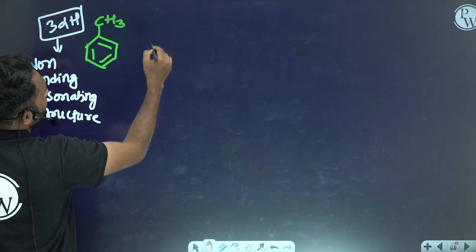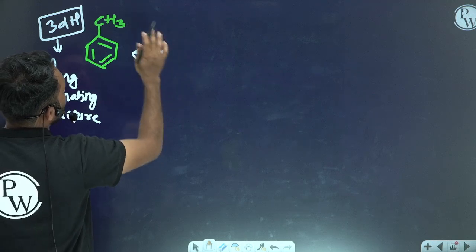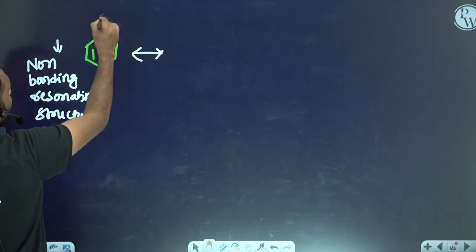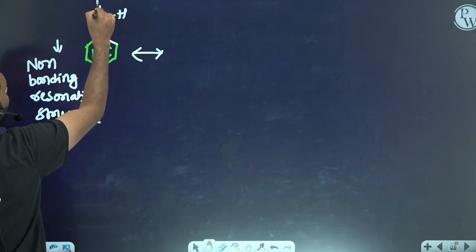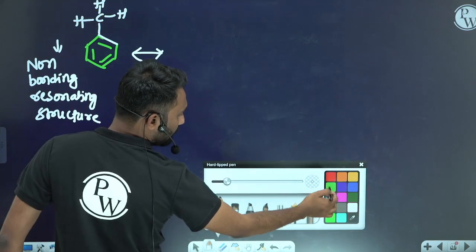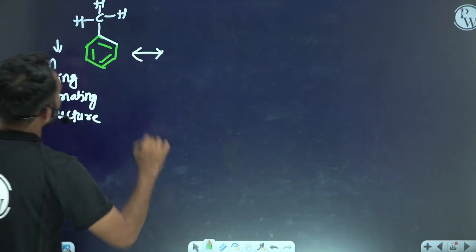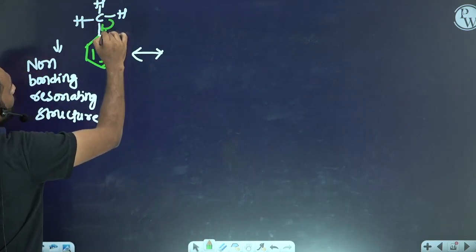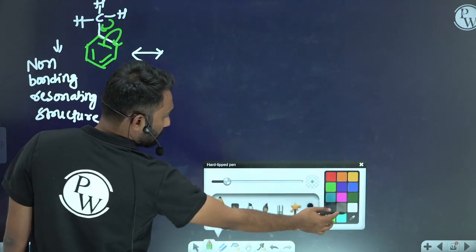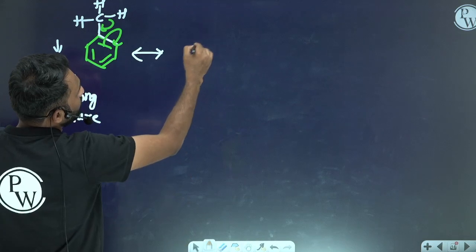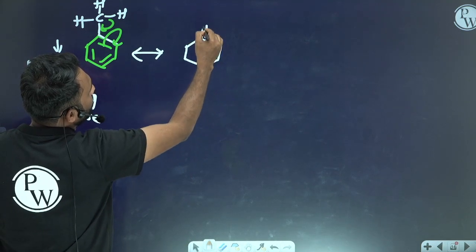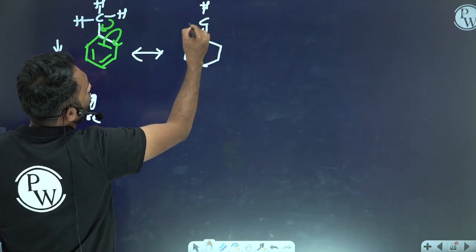Here this carbon is having 3 hydrogens, like this, 3 alpha hydrogens. Now this bond will be delocalized and this pi bond will be delocalized like this. Here the carbon has the full double bond.